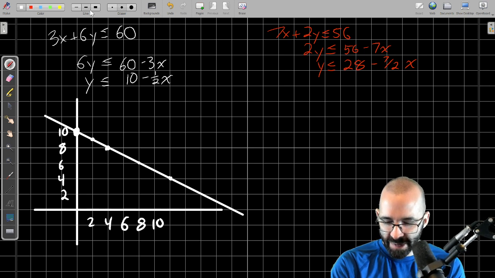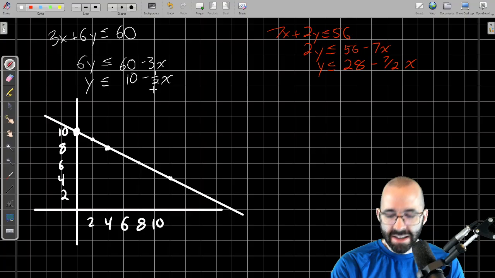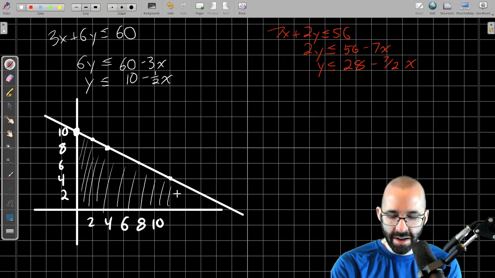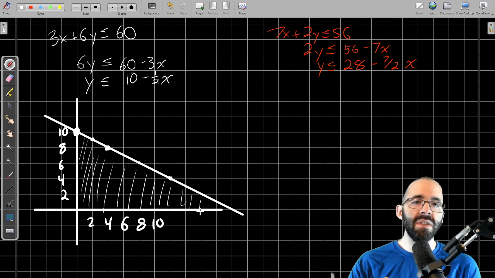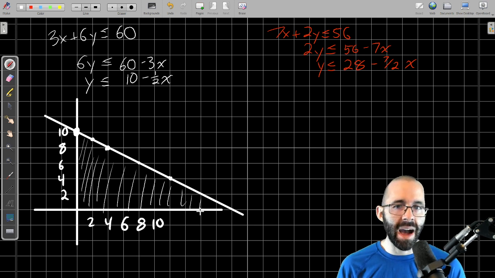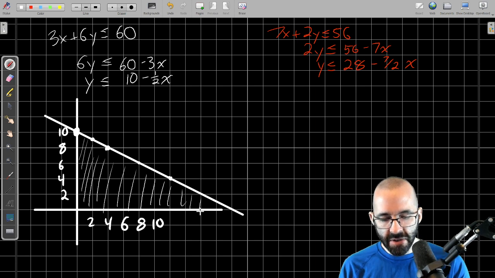It's making sense now. So we need to be in the first quadrant because x and y are positive, and we need to be less than or equal to both of these lines. So we know we need to be already in this line, so we don't need to be at 28. And the question is, where does that line start to matter? Where does that line get into our picture, if you will? So if it starts at 28, we can look at some other points.